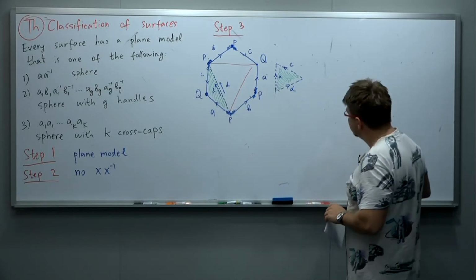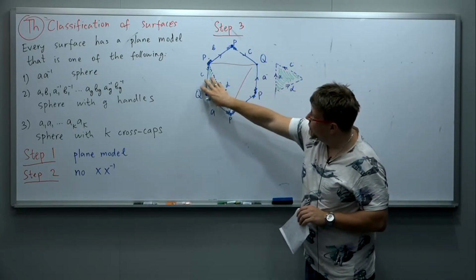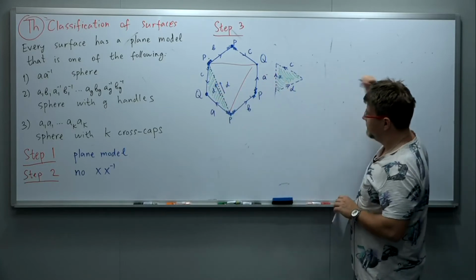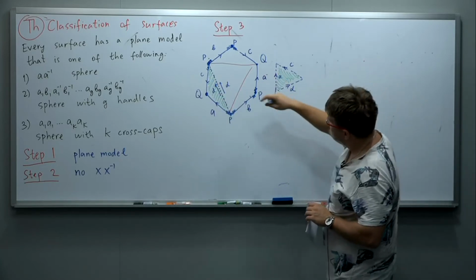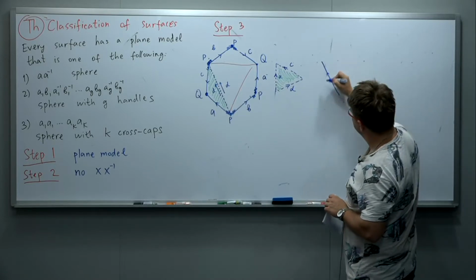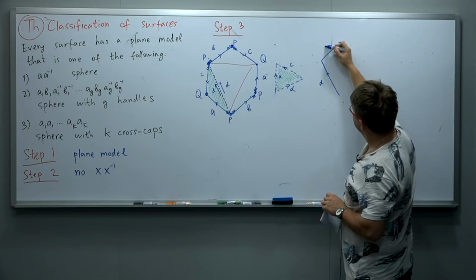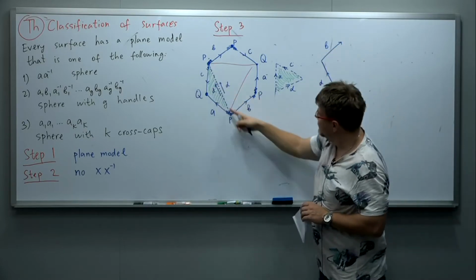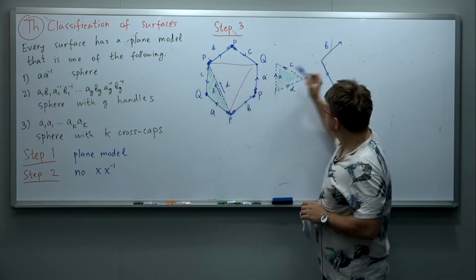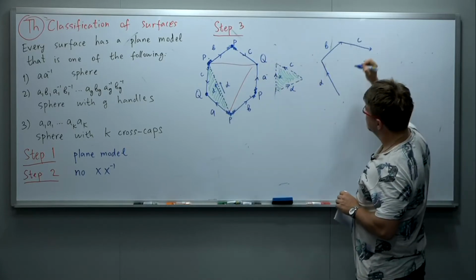Okay? So what happens after I move this triangle from here to here? I'm going to have this D. This is going to be B. So this D, this B. Then I'm going to have C. All right.